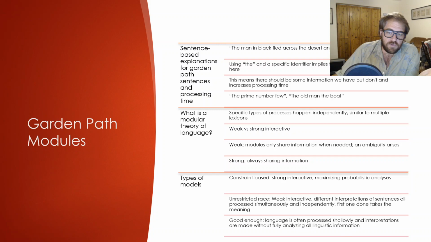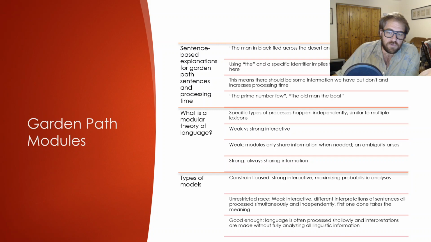Now, as an opening sentence to a book, we kind of want to know more information here. But thinking about garden path sentences, it means that it's going to increase the processing time because it feels like there's more information that should be here. So if we have a sentence like the prime number few, the prime, which then implies that there are some that are really good. There's also subprime, the subprime, and the mediocre.